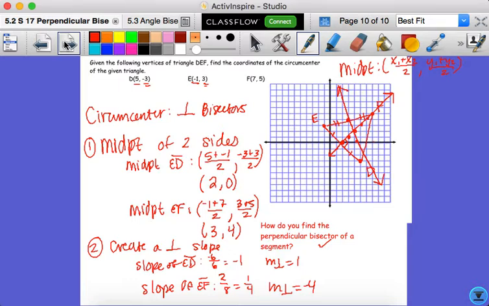Now, as we can see, we can tell that these are crossing, but they're not crossing at an exact location. Now, on a test or quiz, I would make sure that they do cross at an exact location for you. However, in this particular case, if it's not a precise coordinate where they're crossing, then what I would need to do is write the equations of both of these lines and then use either substitution or elimination to solve.